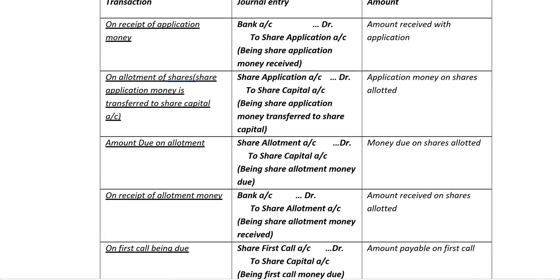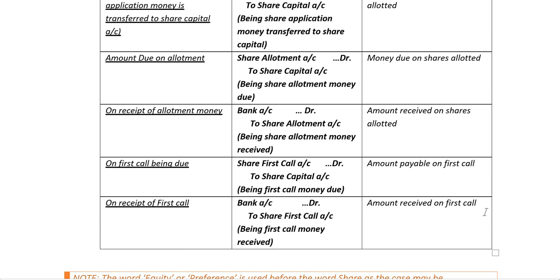When the company receives the allotment money, the journal entry to be passed is bank account debit to share allotment account, being share allotment money received, and the amount for the journal entry is the allotment money received on the shares allotted. On the first call being due, journal entry, share first call account debit to share capital, narration being the first call money due.